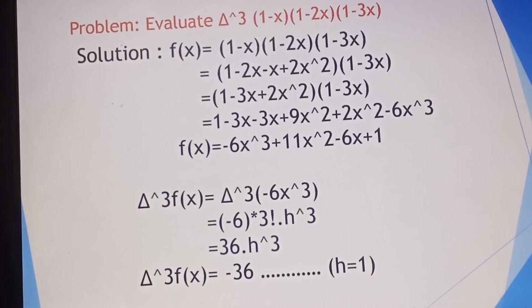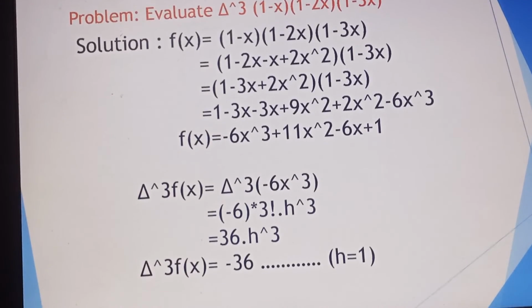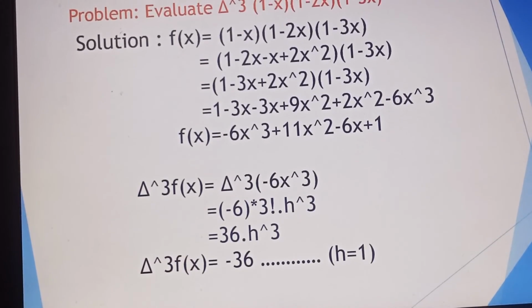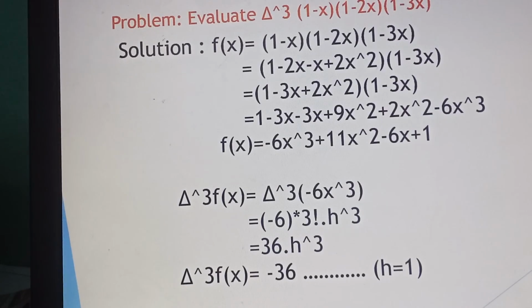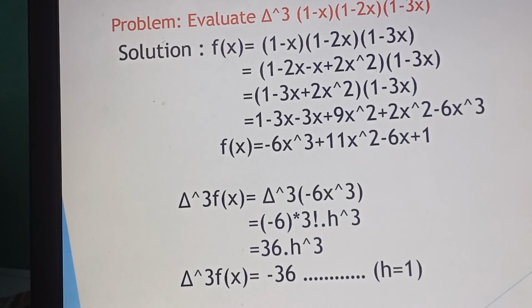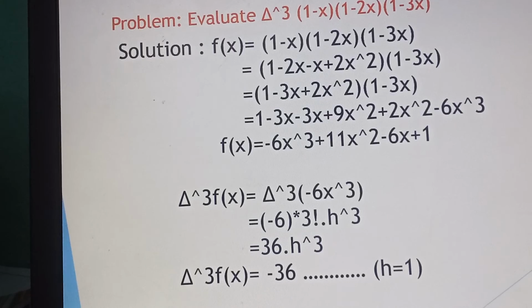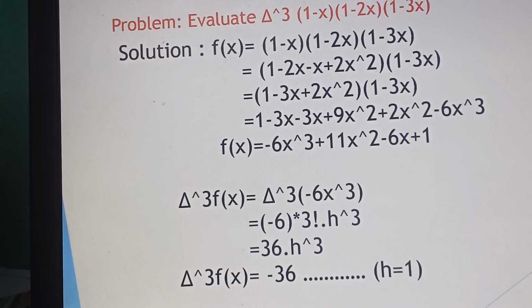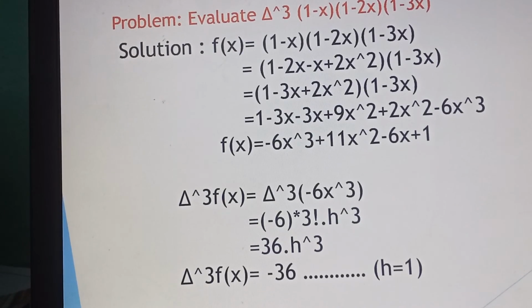We get minus 6 into 6 into h cube, that is 36 into h cube. Then we get the final value of delta cube f of x equal to minus 36, where h equal to 1.